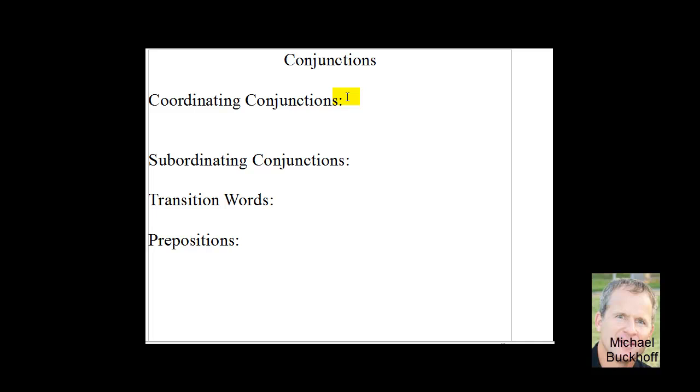Okay, let's take a look at the word so. That's cause-effect, right? Now the next thing is we can identify it as because as a subordinating conjunction. As a transition word, we might use a word like therefore, and as a preposition, we could use the word due to.